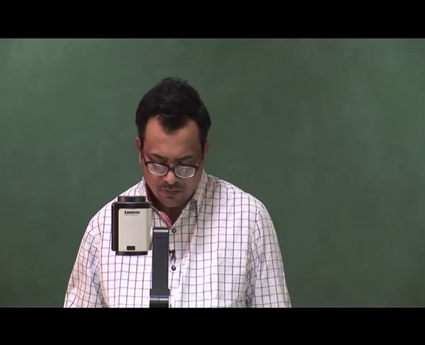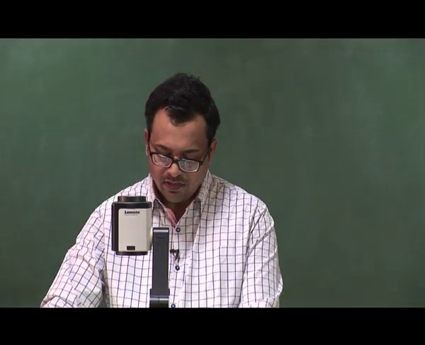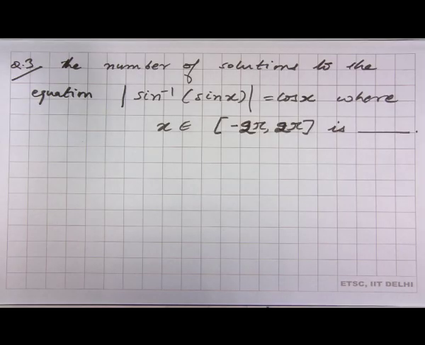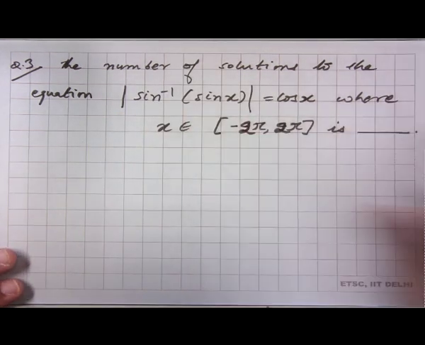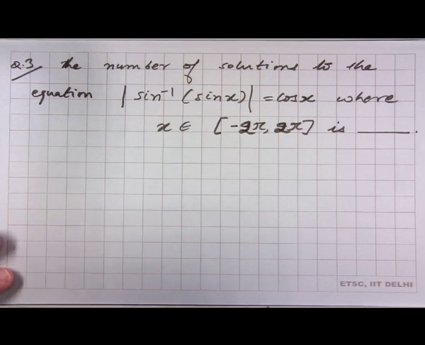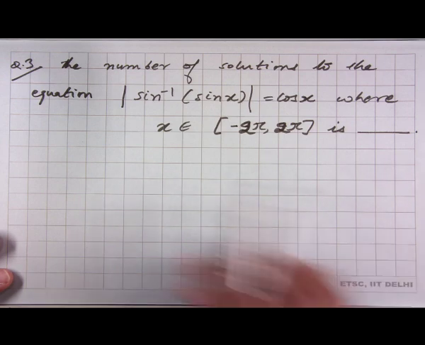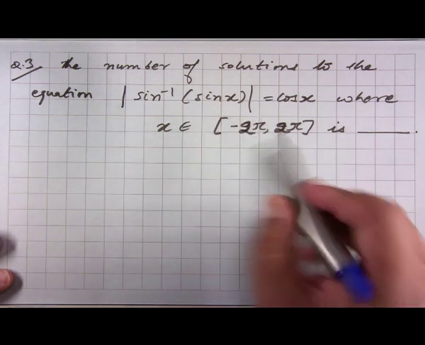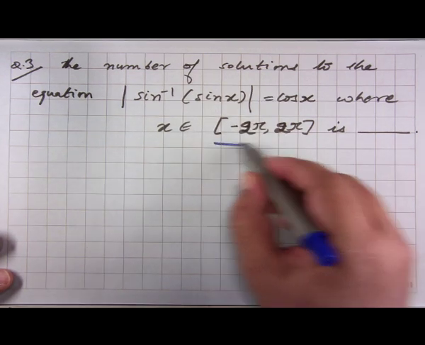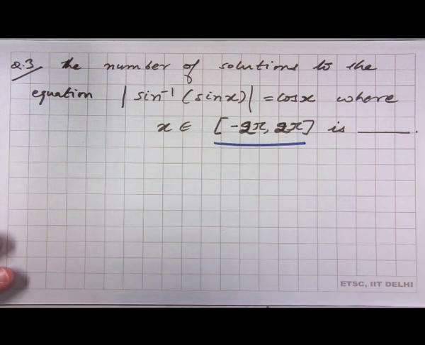Another very interesting problem is asking us to find the number of solutions to this particular trigonometric equation, but only when x is constrained to lie in the interval minus 2 pi to plus 2 pi.